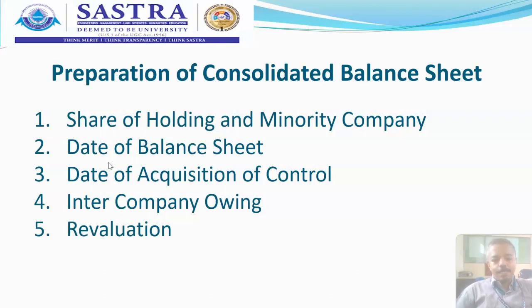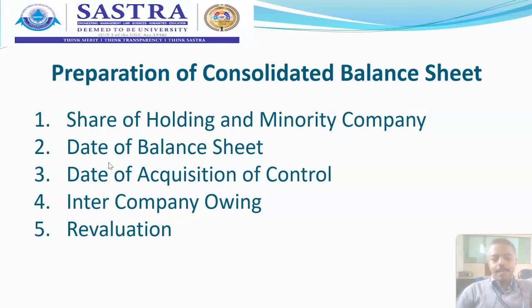And if the date of acquisition is so early that it covers 9 months, or 10 months, then it covers the maximum. If it covers the entire year, we can put it up as it is. We don't need to calculate any proportion based on the date of acquisition of control.